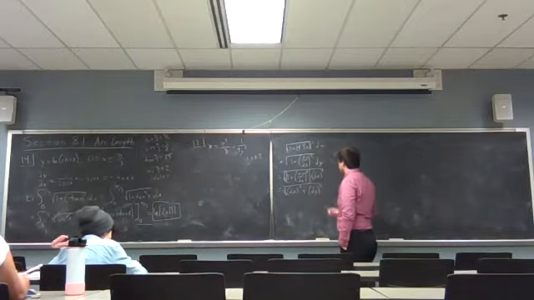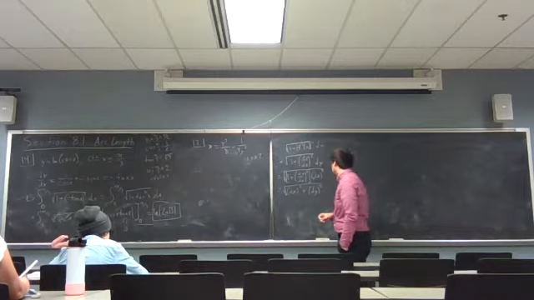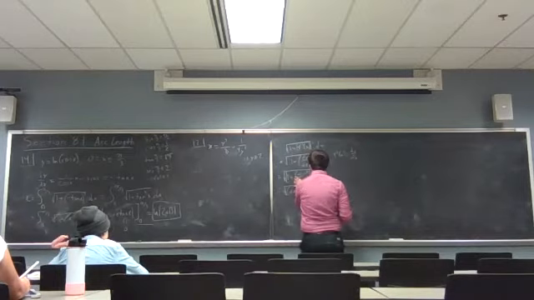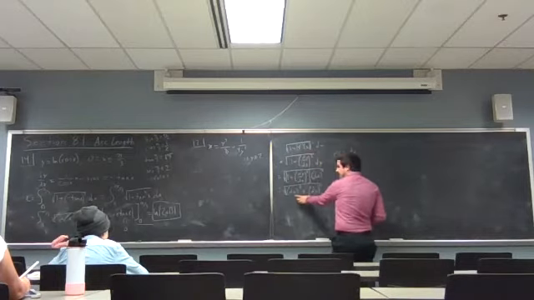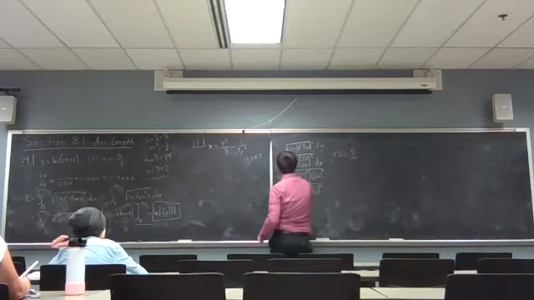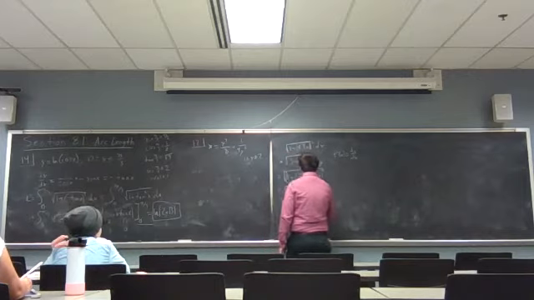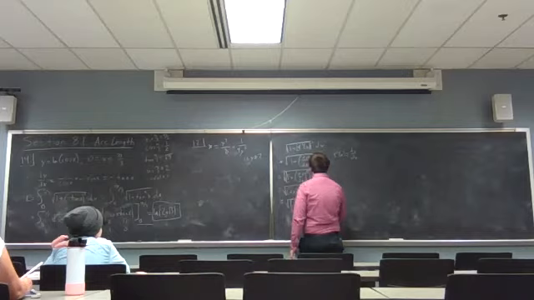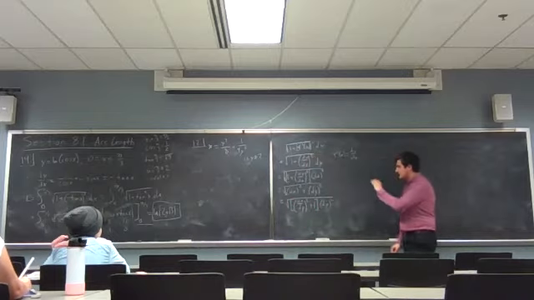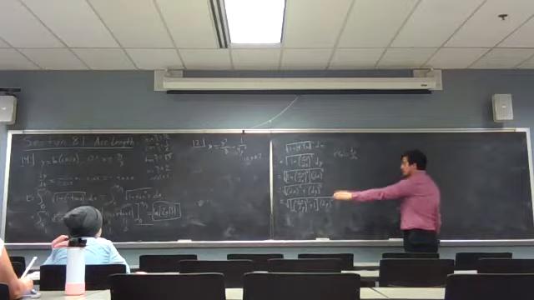Now what happens if I take this thing and instead of taking out dx, I take out dy? Instead of taking out the dx squared, I'm just taking out the dy.